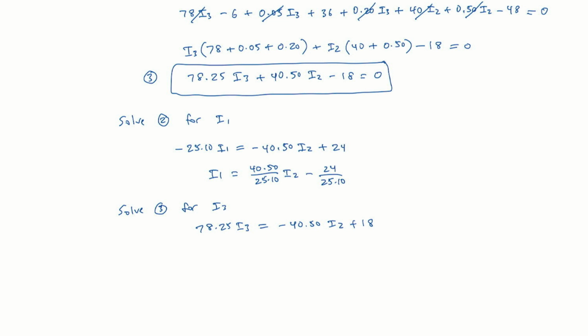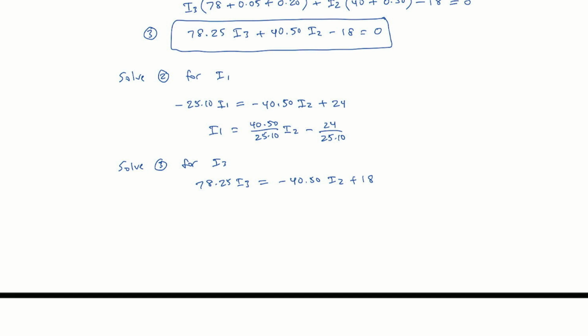Double check it, make sure it looks good. Now we just need to divide by the 78.25. So we've got minus 40.50 over 78.25 I2 plus 18 over 78.25. Okay, so there's our equation for I3.